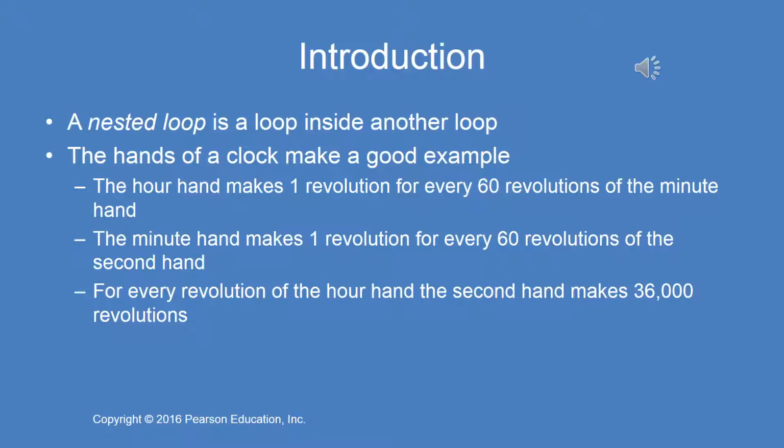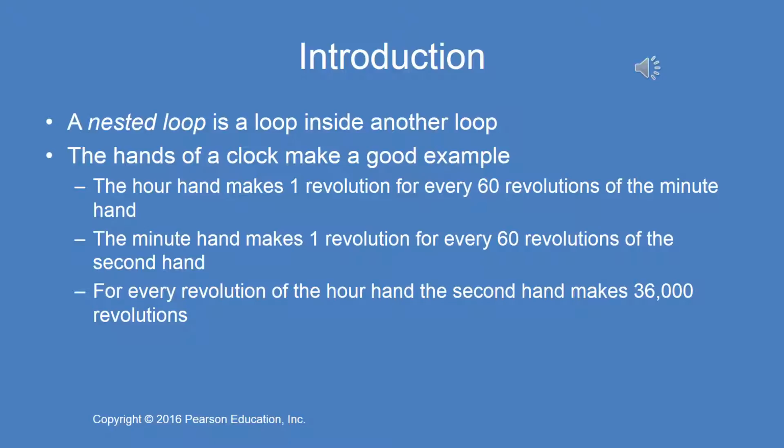So for every revolution of the outer hand, the second hand makes 3,600 revolutions because it makes 60 revolutions for each revolution, or iteration, if you want to use the terminology we're focusing on here.